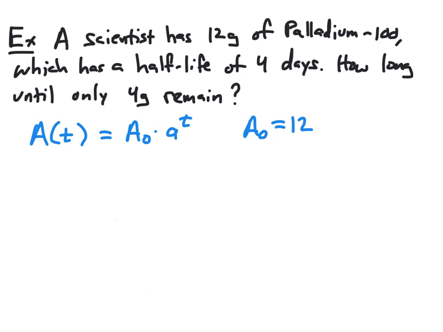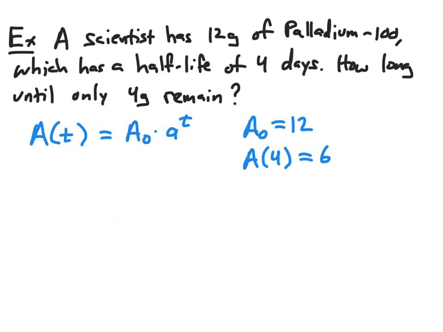And we're also told that A of 4 is going to equal 6. While this is not directly given to us, the half-life information tells us that this is the case. It tells us that after 4 days, there'll be half of the substance remaining, and half of 12 is 6. So if A sub 0 is equal to 12, then A of 4 will equal half of that, which is 6.